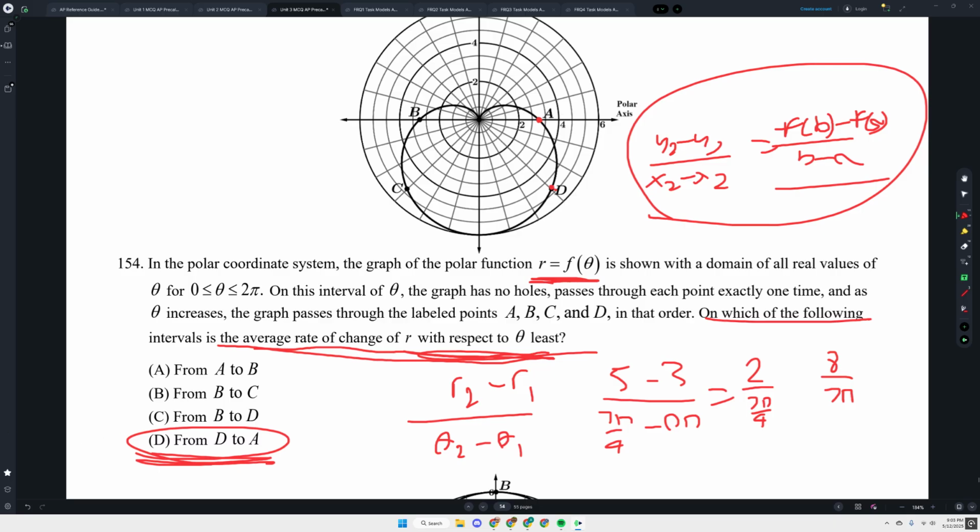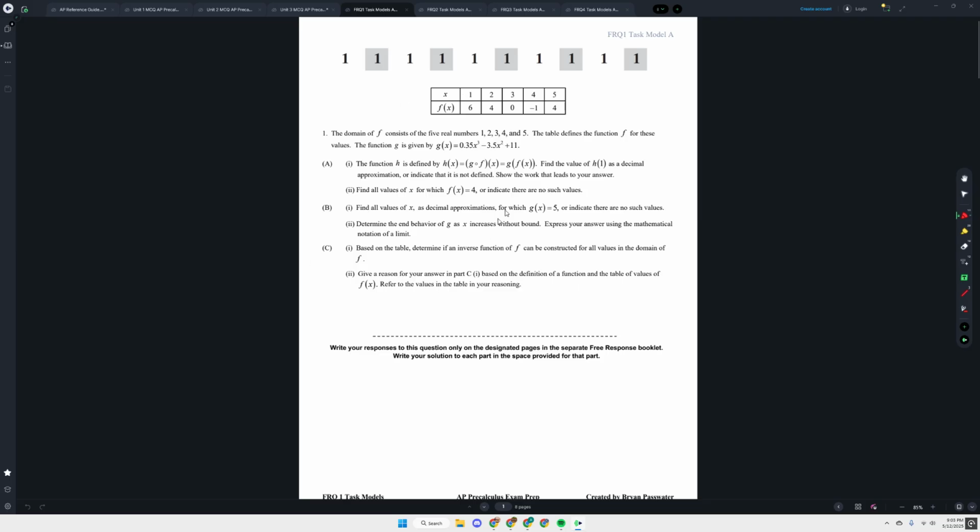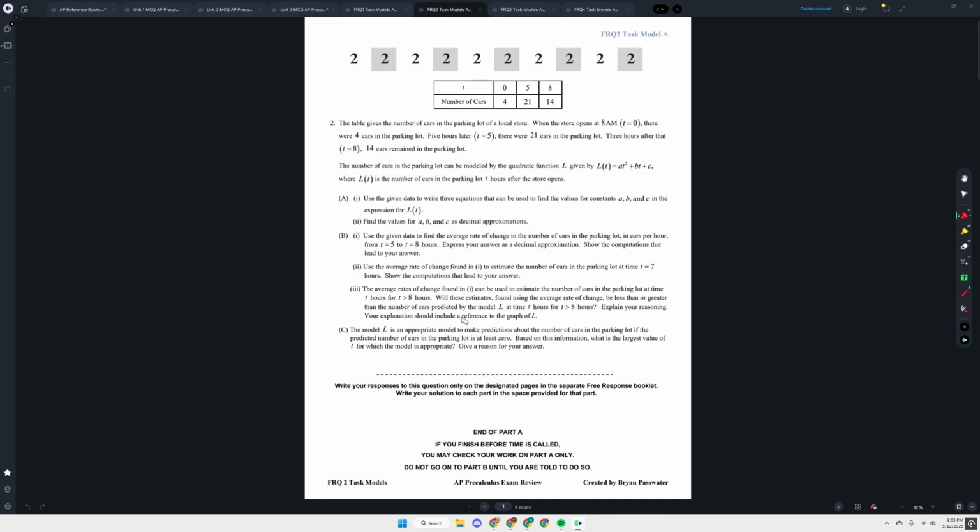Which FRQ are we doing? That's a great question. You guys decide that: 1, 2, 3, or 4. FRQ 1 is this one, it's like your table. FRQ 2 is a data table of rates of change.